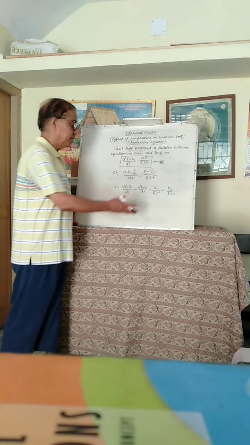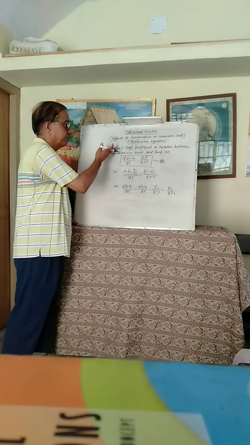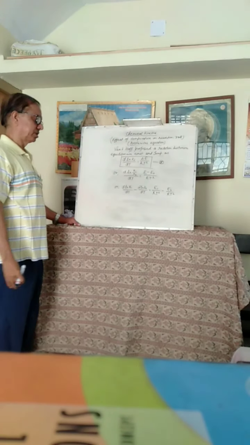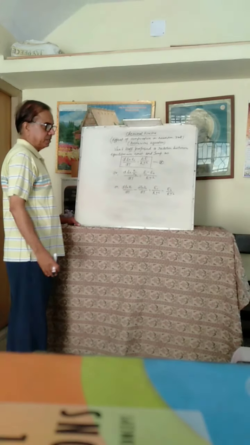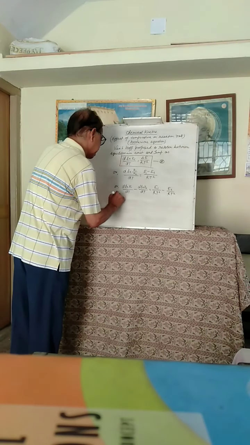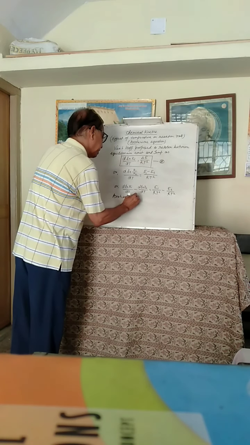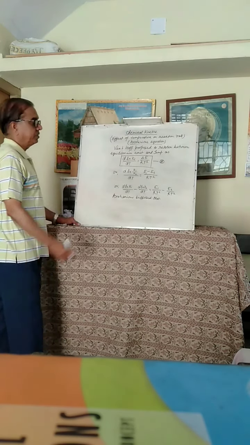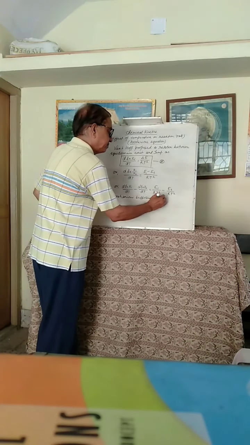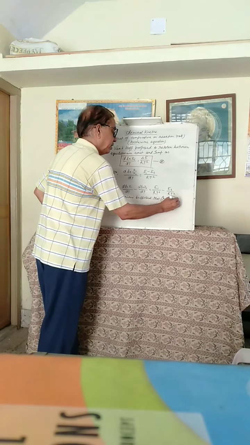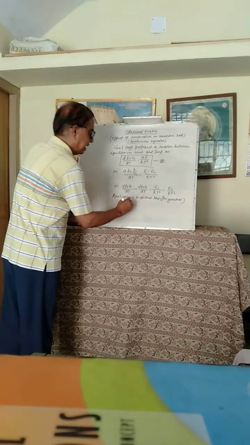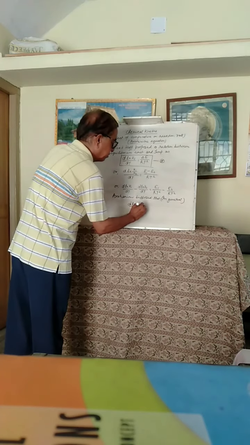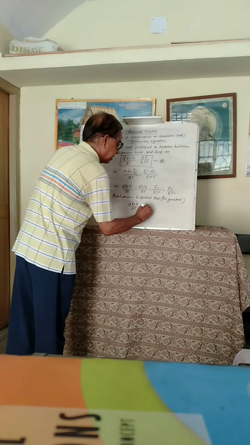Now, on the basis of this expression, which was derived from Van't Hoff's equation, d ln Kc upon dt is equal to del E upon RT square, Arrhenius supposed that in general d ln k upon dt is equal to E upon RT square.